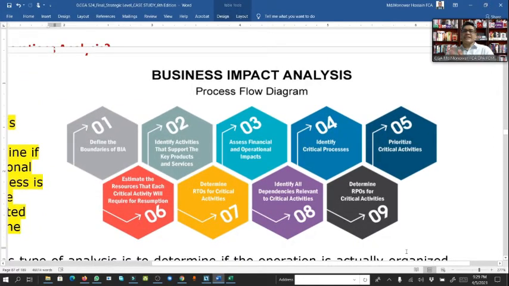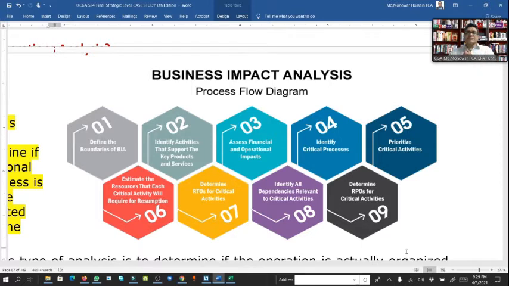For business impact analysis, number one, first we have to define the boundary. Every software has a boundary, what has to be done within that environment. Likewise, every business has a boundary, and we have to define it in the business impact analysis.